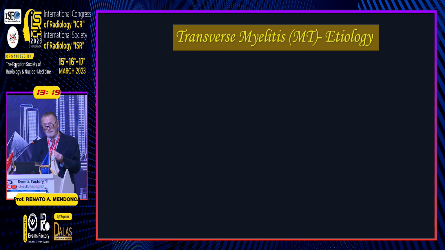Now we are going to try to discuss myelitis, where magnetic resonance is very unspecific. So we almost always have to rely on clinical data and on laboratory data. But anyway, I will try to give some clues in order to narrow the differential diagnosis. Infections may cause transverse myelitis.